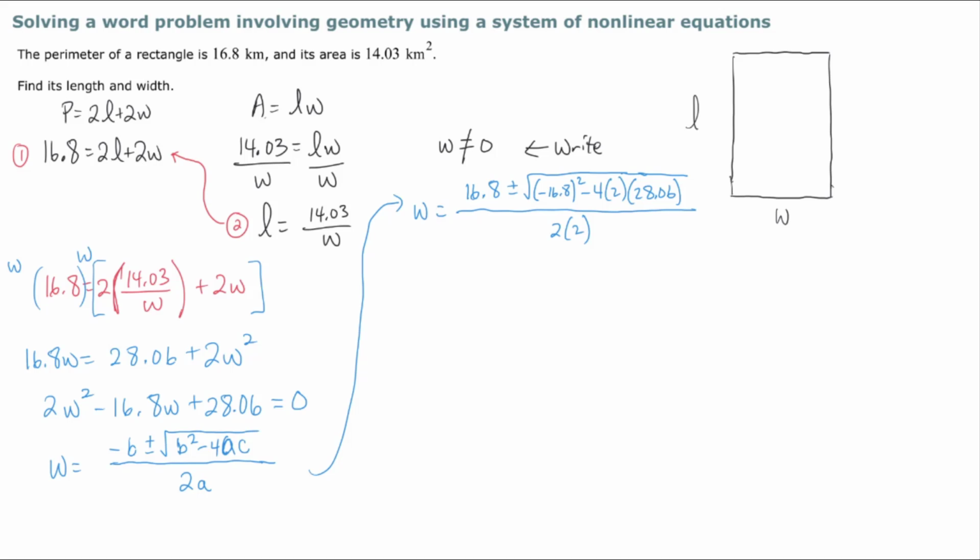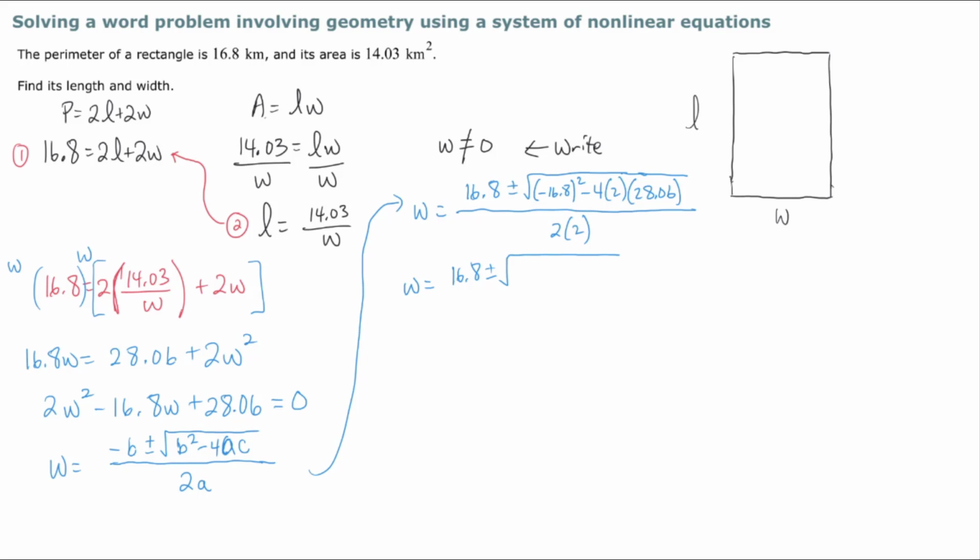Go ahead and have your handy dandy calculator out, and we are simply going to write an equation for w. We do have 16.8 here, plus or minus. Let's figure out what's underneath this radical symbol here.